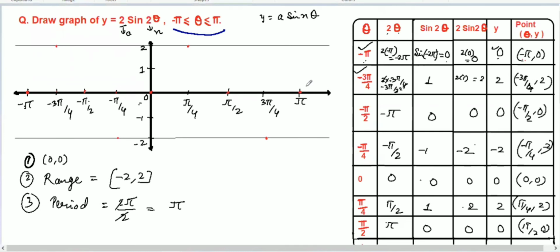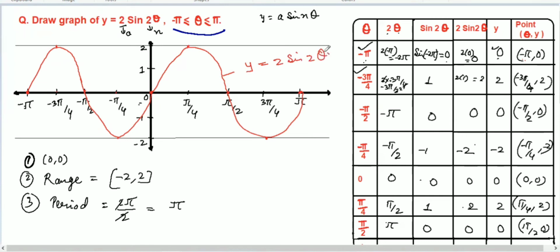We will draw the graph here. So start from here and just connect all the points. So this is the graph of y equal to 2 sine 2 theta.